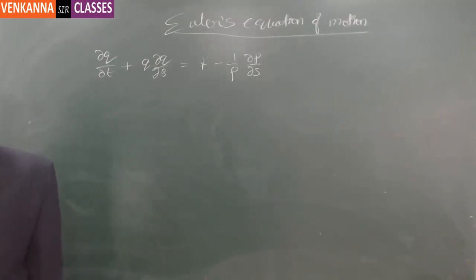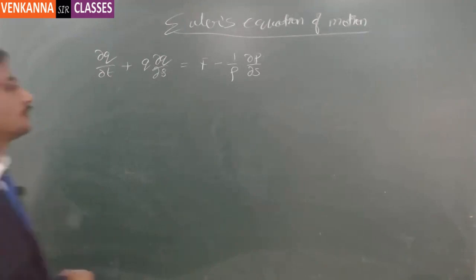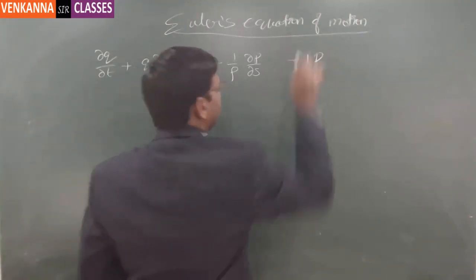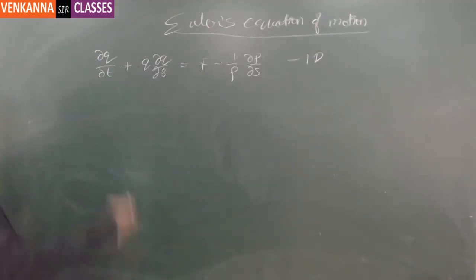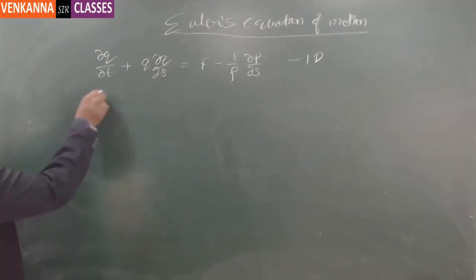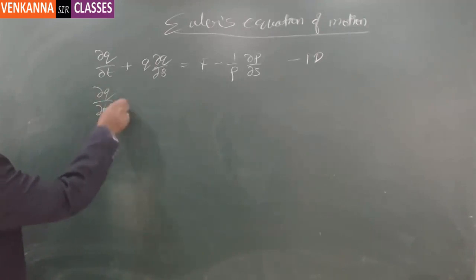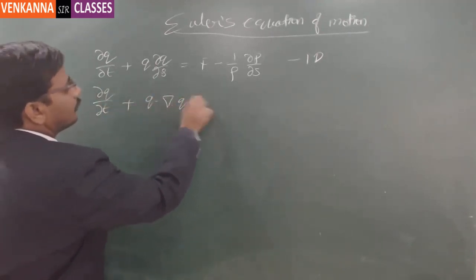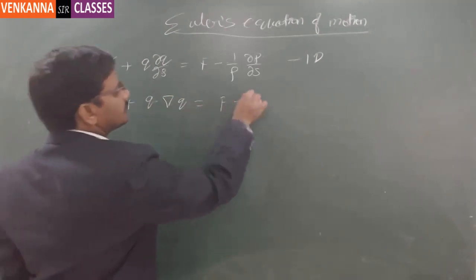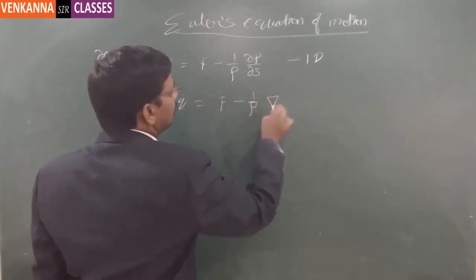Okay, fine. So this is for one dimension. So the same thing for three dimensional. So this will become del rather than dou, right? So this is dou q by dou t plus q dot del of q is equal to f minus 1 by rho into del p.